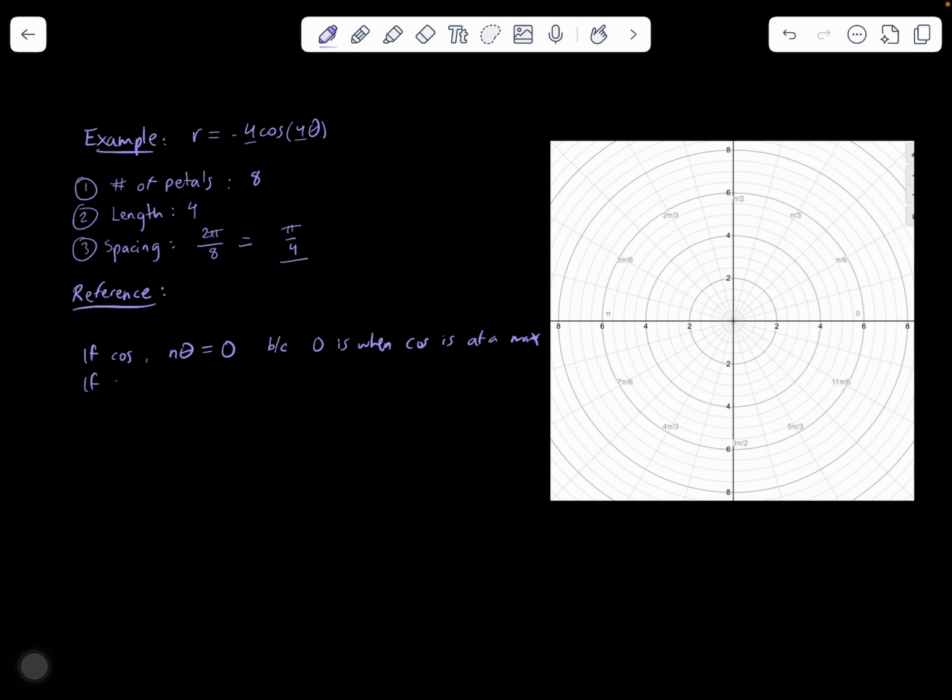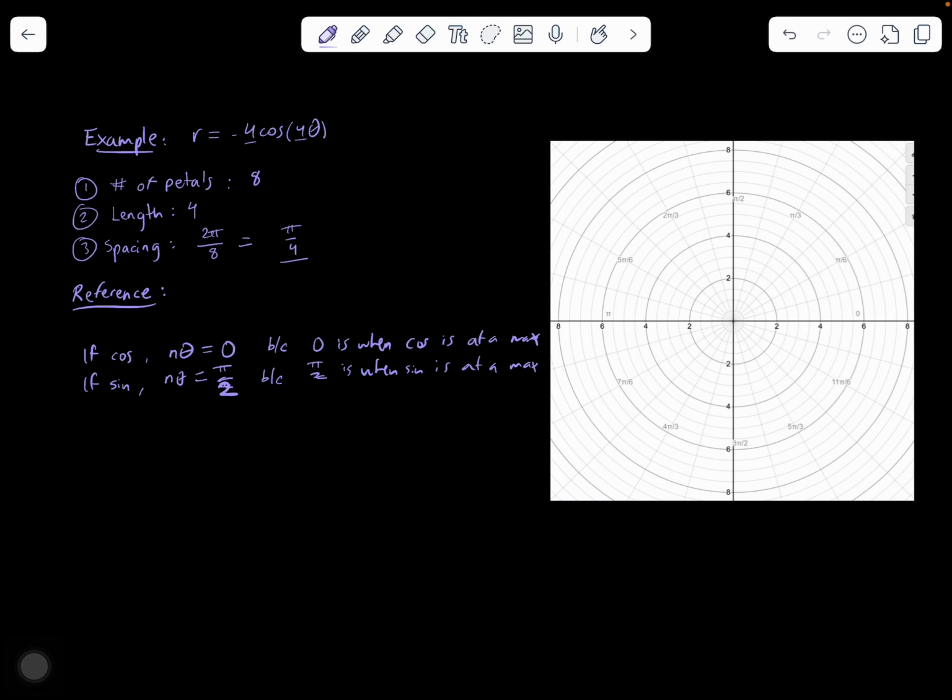And similarly, if the function is sine, we'll set n theta to pi over 2, because pi over 2 is when sine reaches a max, which are both 1.